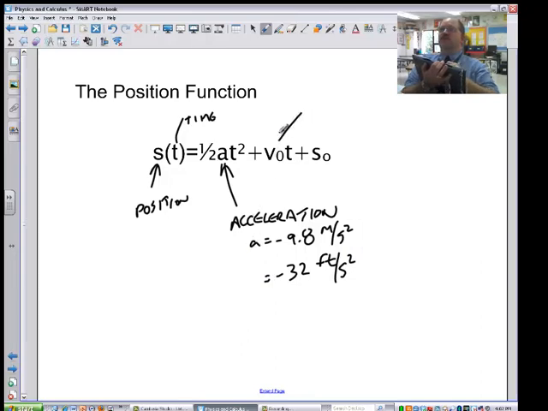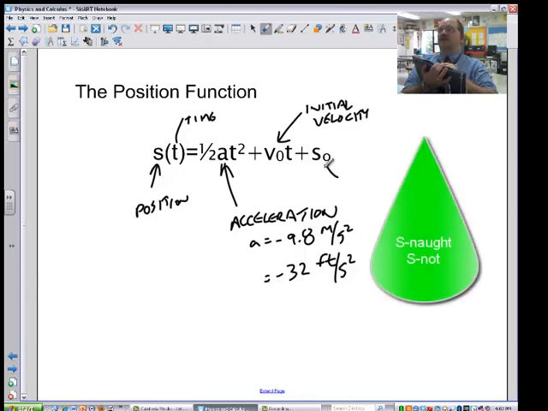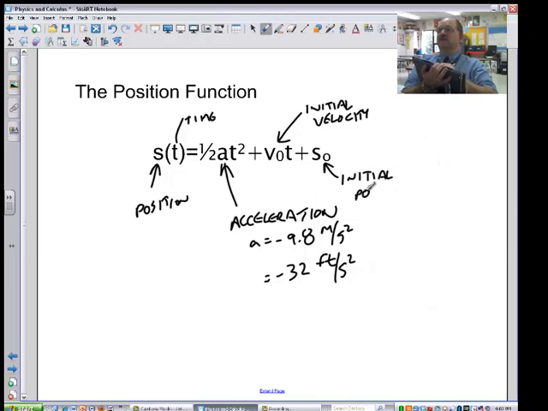V naught is the initial velocity. And s naught is the initial position. So we use all those things to figure out the position of an object over the course of time.